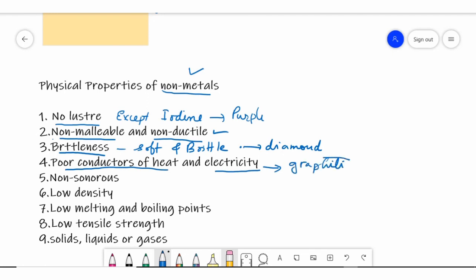Graphite is actually a good conductor of heat and electricity because it possesses free valence electrons to conduct electricity. Non-metals are usually non-sonorous, which means they do not produce any sound when you hit them with a hard object. And non-metals have low density, which means they are light elements.